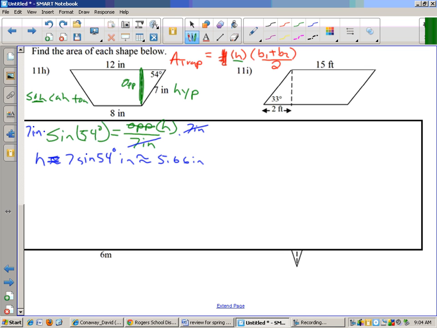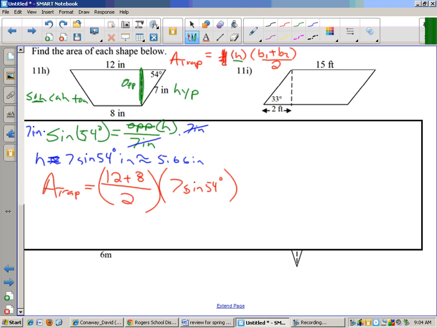Now I'm going to plug that in and use that for the area of the trapezoid. So the area of the trapezoid formula that we got up there: base 1, which is 12, plus base 2, which is 8, divided by 2, times 7 sine of 54 degrees.